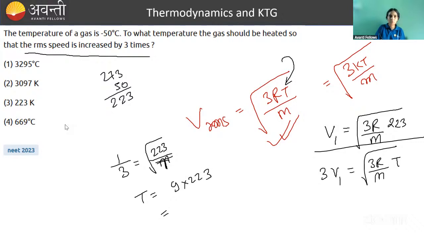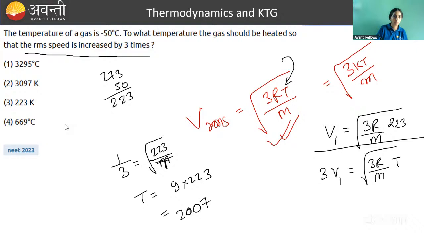Now if you multiply it, how much value are you going to get? 2007. So nothing of this sort we are getting.